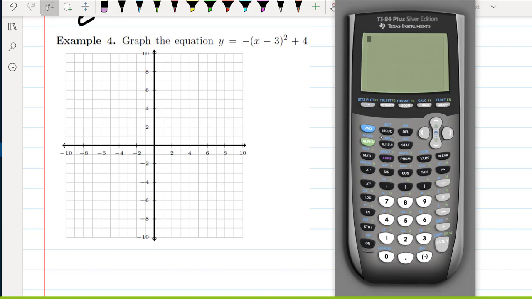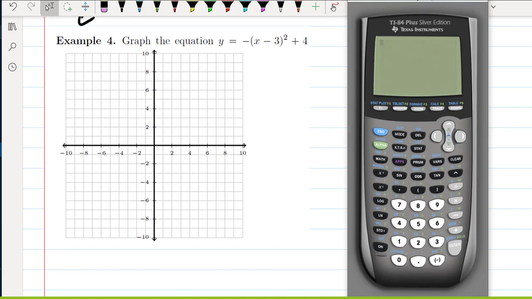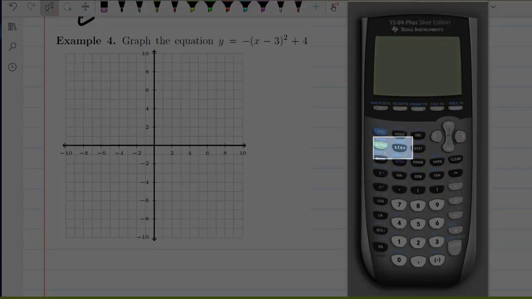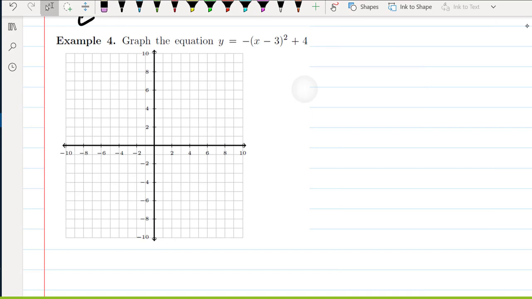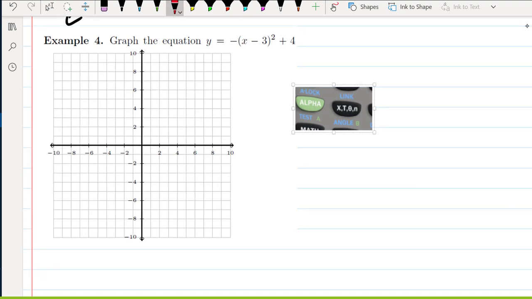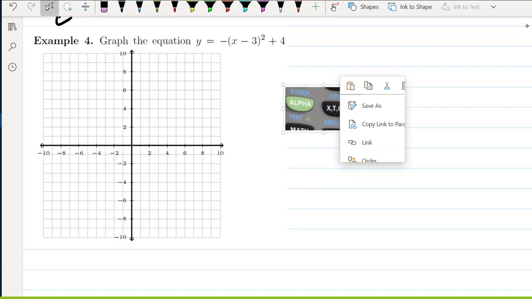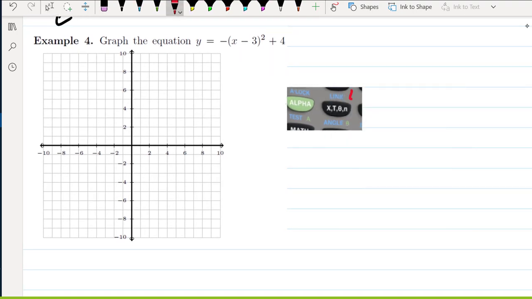So this key right here is going to be the one that we're going to use for our variable whenever we need it. So this is the button for our variable on the TI-84. So we're going to use that button.